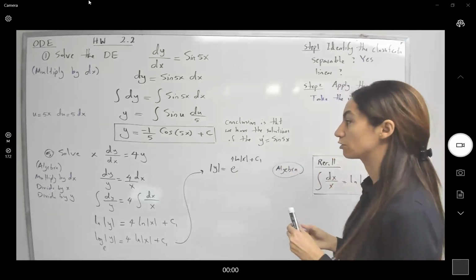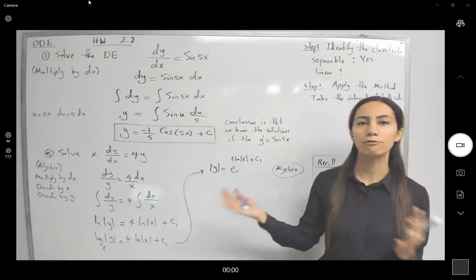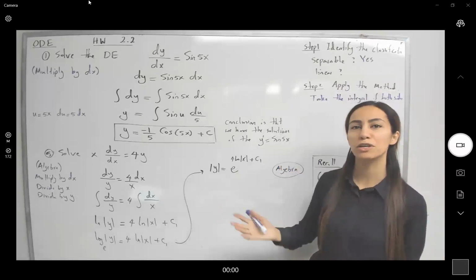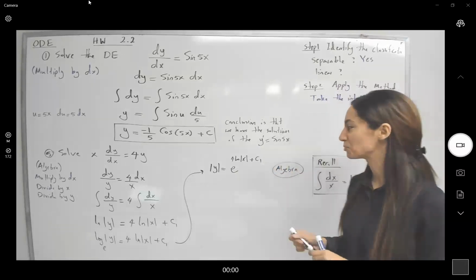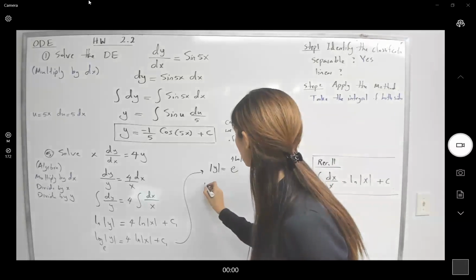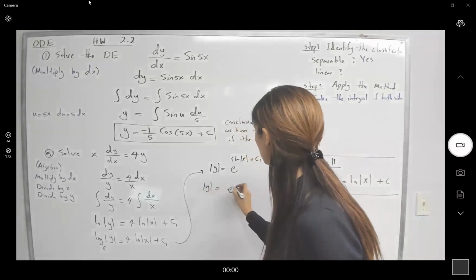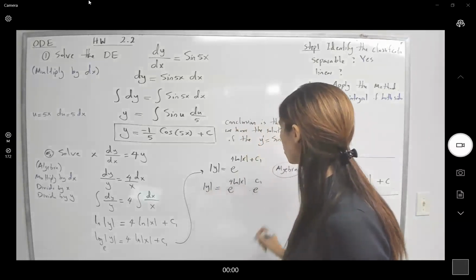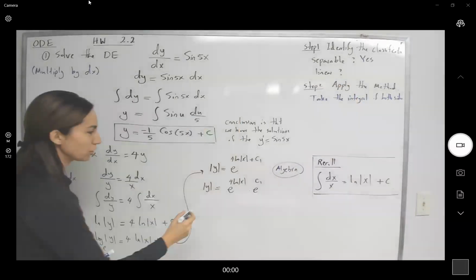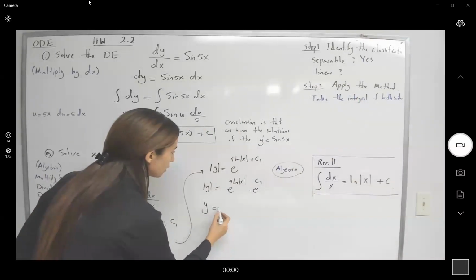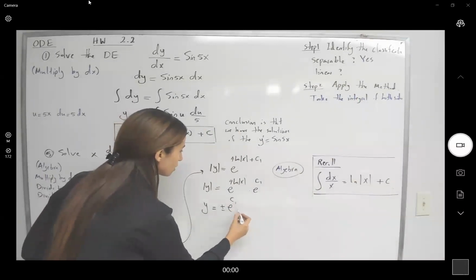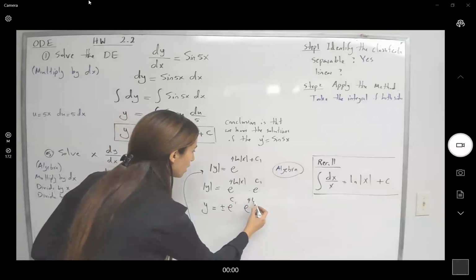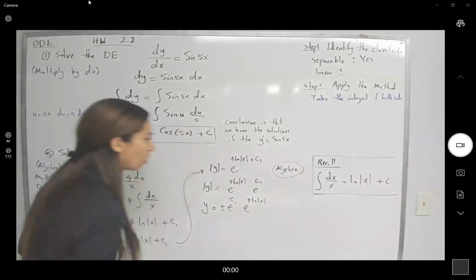When you're solving differential equations, you have to go back and forth between calculus properties and algebra properties. So here you get absolute value of y equals e to 4 ln of absolute value of x times e to the power c1. You're going to see y is equal to plus minus e to c sub 1 times e to 4 ln of absolute value of x.